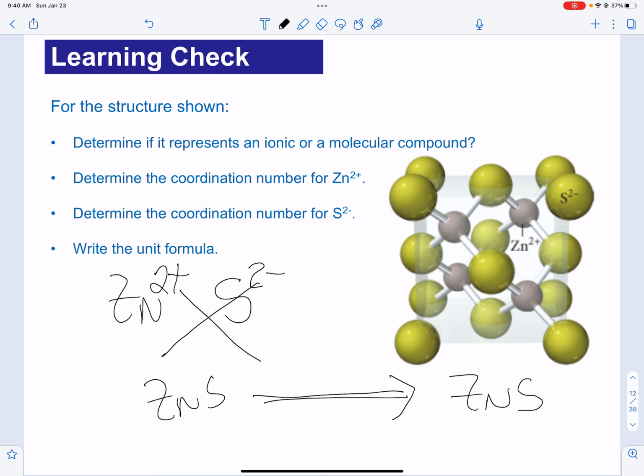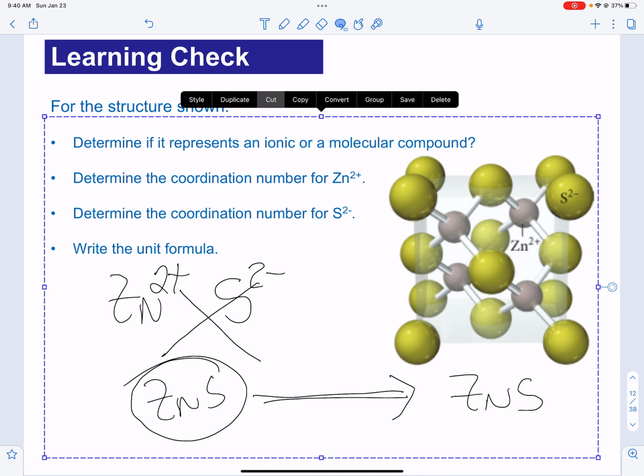So the coordination number for zinc in this case is 4. The coordination number for sulfide is 4. When you put it all together, you come out with the same formula we used to come up with when we did just crisscross. Crisscross is just a shortcut. Now you understand where these formulas are coming from, especially if we're talking about a solid.